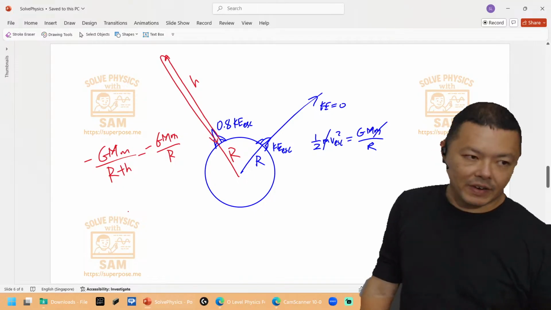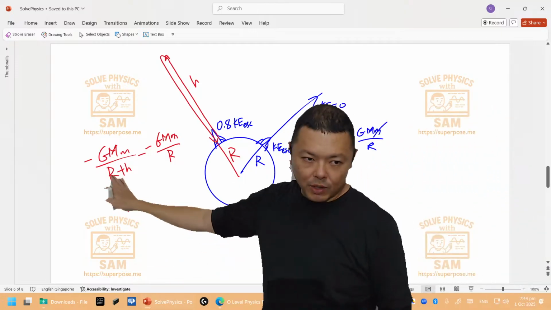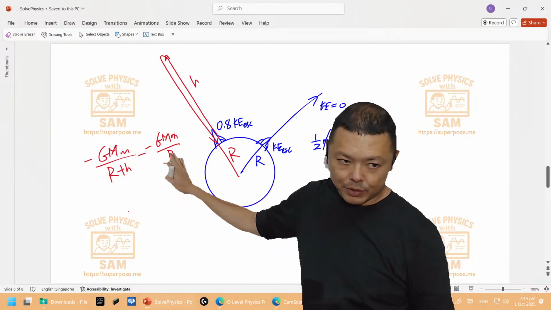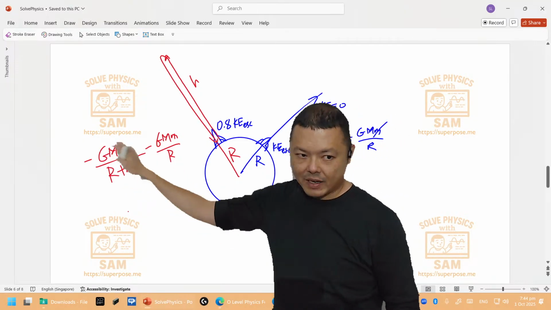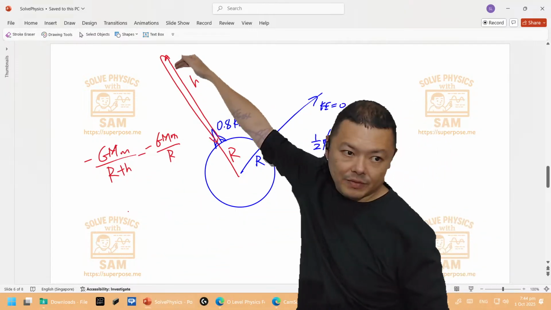Okay, then you can find H. This will be a smaller negative number, and when you minus a minus, this will be a bigger positive number. So you end up with a positive value of H. That's the height above the surface.